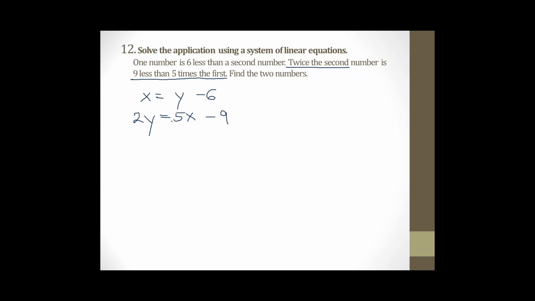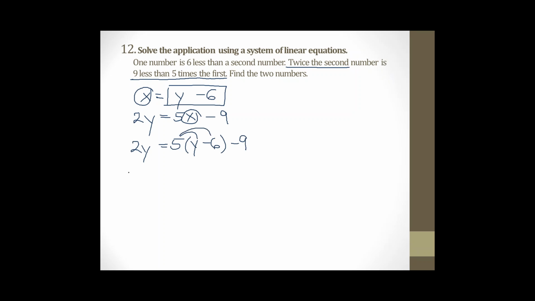Again, the system is set up for me to use the substitution method because x is isolated, so I can just use that to plug this into x for the second equation. 2y equals 5 times, now my x is y minus 6, and then minus 9.